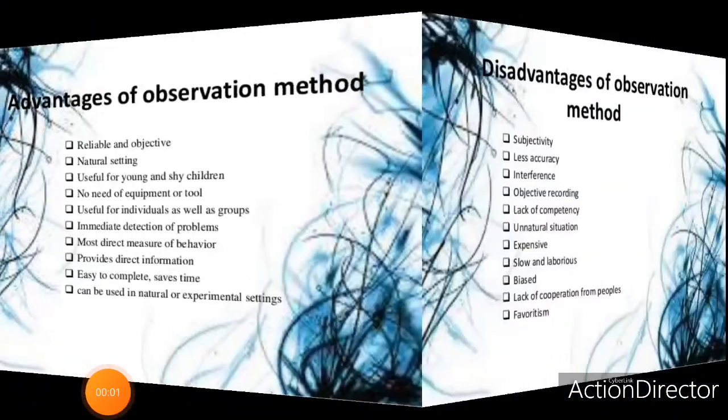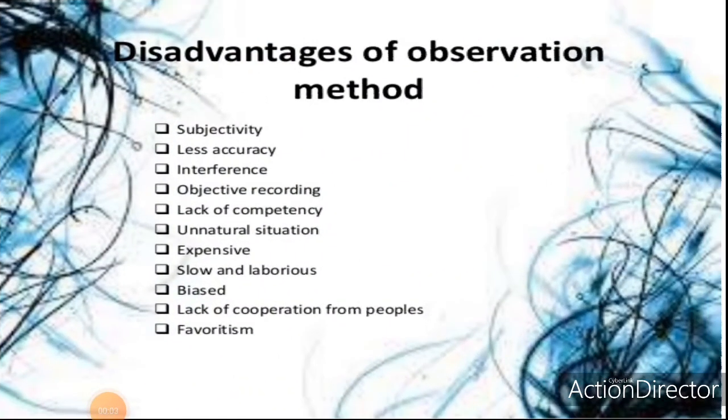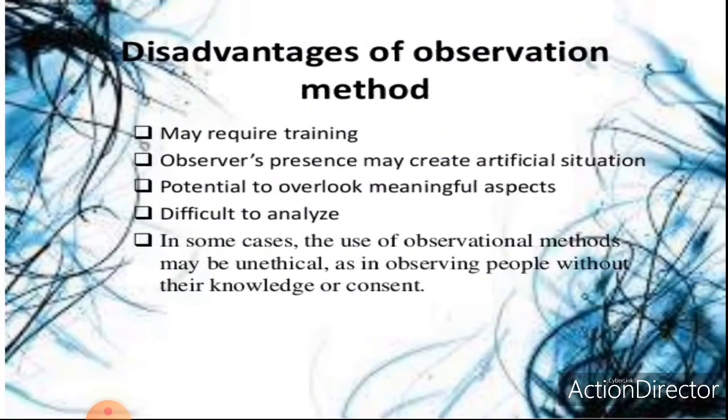Now we have a look at the disadvantages of the observation method. Subjectivity, less accuracy, interference, objective recording, lack of competency, unnatural situation, expensive, slow and laborious, biased, lack of cooperation from people, favoritism, it may require training.